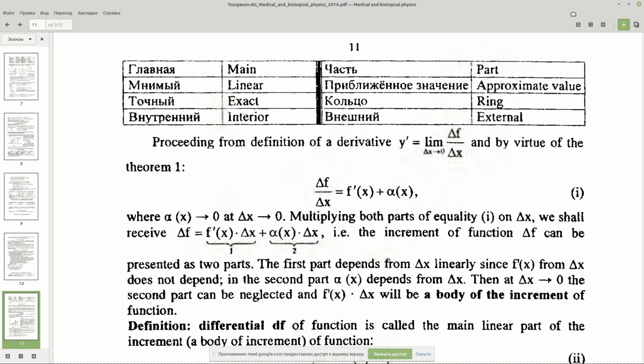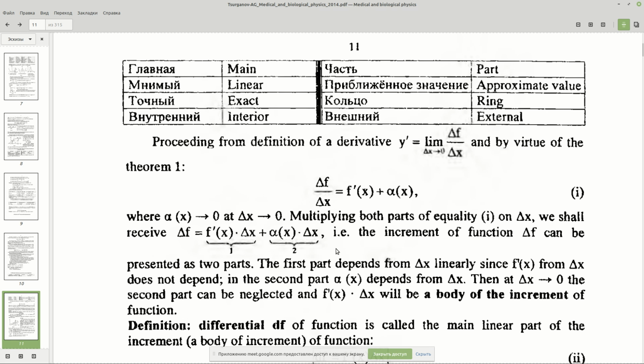The increment of the function delta f can be presented as two parts. The first part depends on delta x linearly, since f prime of x does not depend on delta x. In the second part, alpha of x depends on delta x. Then as delta x goes to 0, the second part can be neglected, and f prime of x multiplied by delta x will be the main part of the increment of the function.